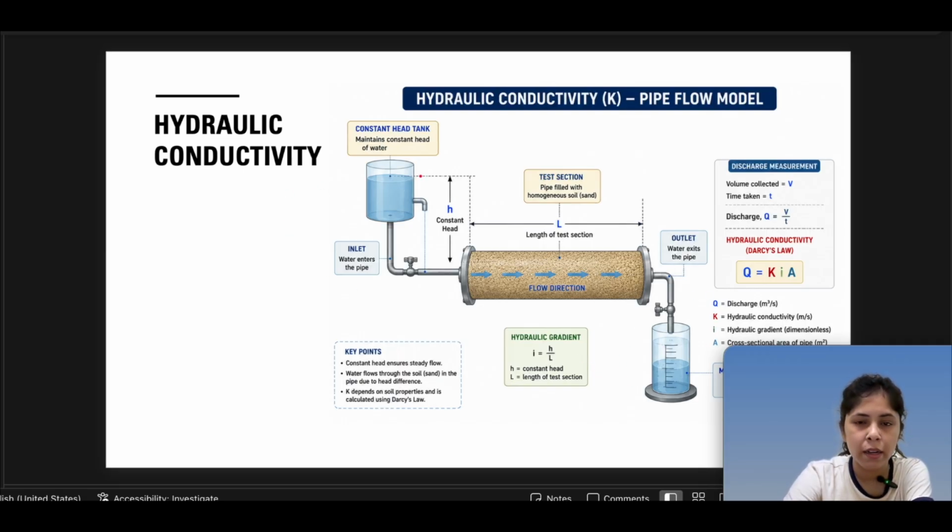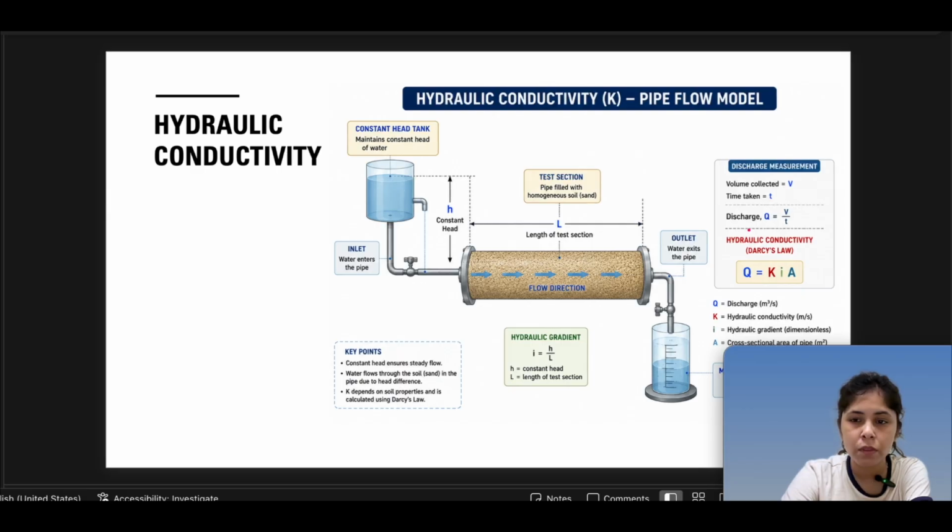The inlet water level is at a head H, and the outlet water level we are taking at the center of the sand. What we are seeing in hydraulic conductivity is the flow rate of the water, how fast the water comes into the next tank, the lower tank.